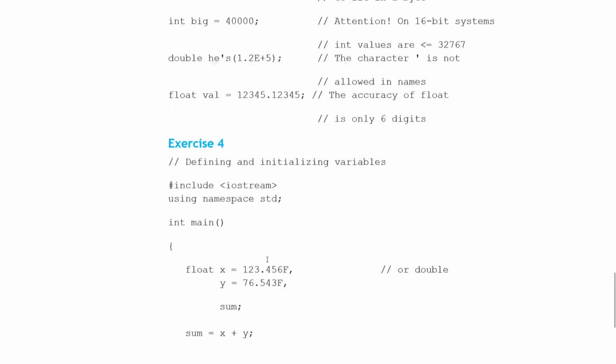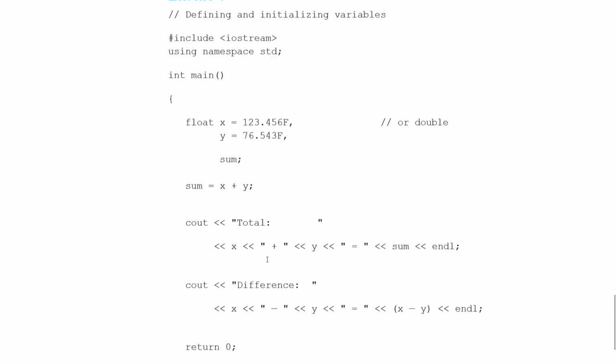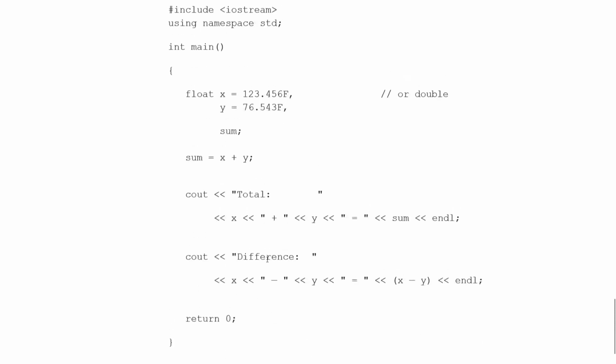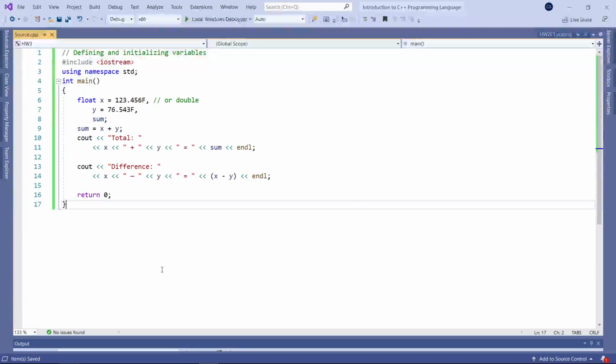So moving on to exercise number 4. This one's all about defining and initializing variables. We have to define doubles, add them up, and then get the difference. So let's go ahead and see what that looks like in the actual development environment. Okay, so here we are.